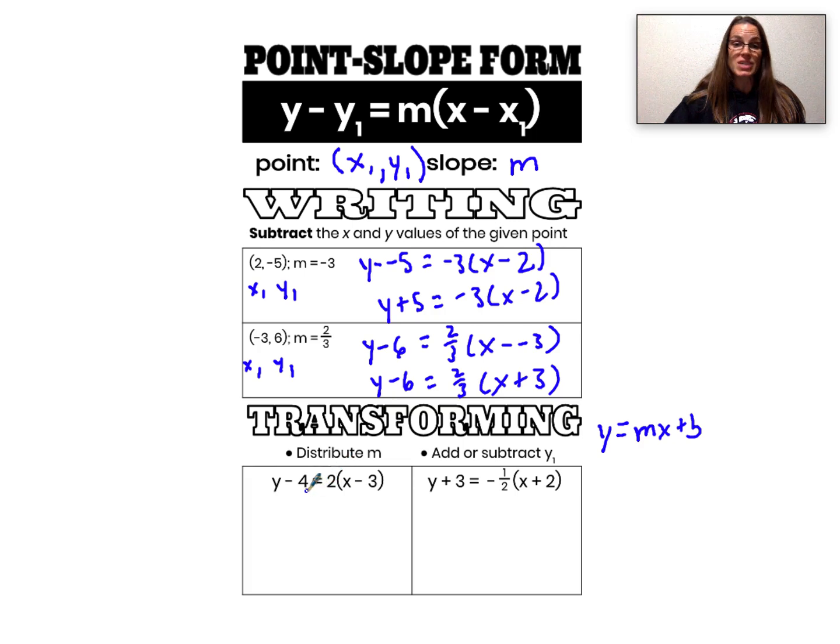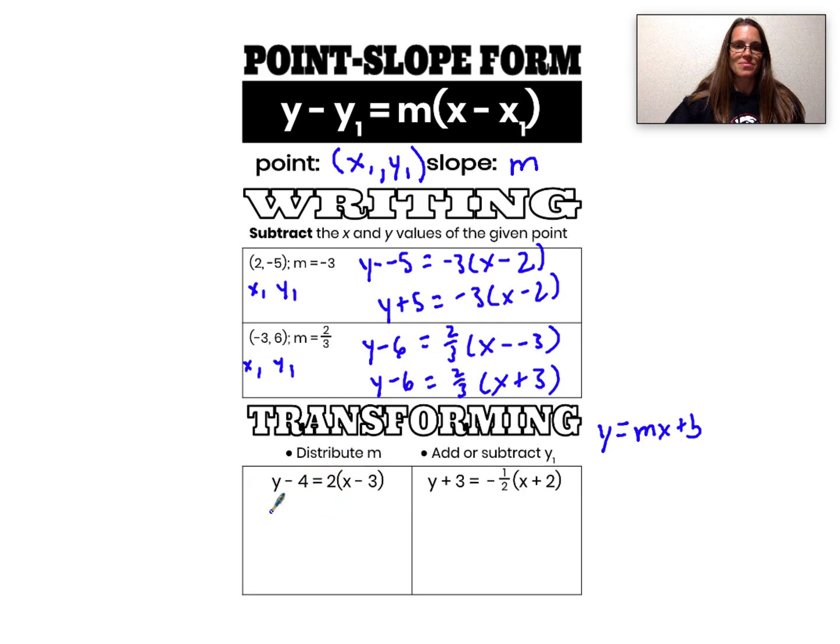Therefore, it's really useful to transform a point-slope form into slope-intercept form so that you can check your graph. You can check that it has the proper y-intercept. The transformation is really straightforward. We just use the distributive property and then add or subtract y1.